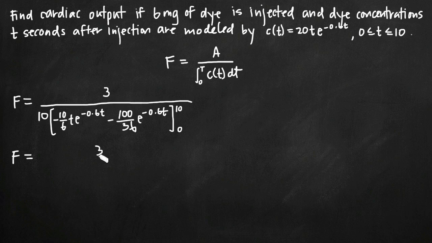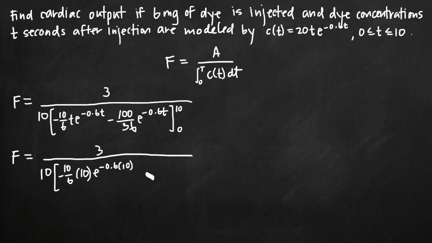So we'll get F equals 3 divided by 10. And now here we'll plug in 10, so we'll get negative 10/6 times 10 e to the negative 0.6 times 10, minus 100 over 36 e to the negative 0.6 times 10, and then we'll subtract whatever we get when we plug in 0.